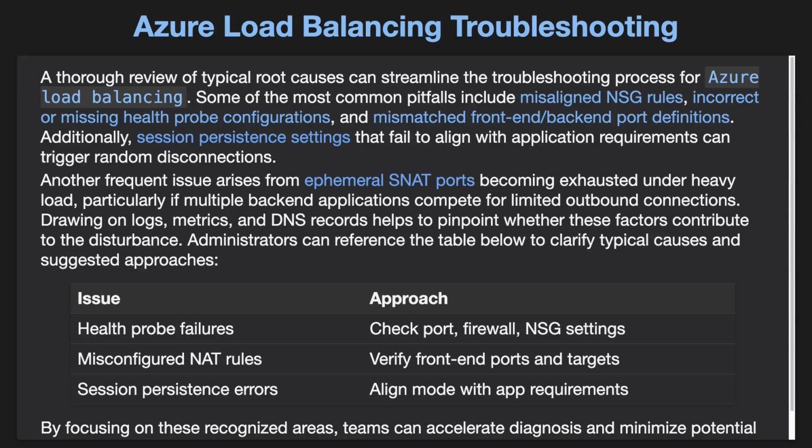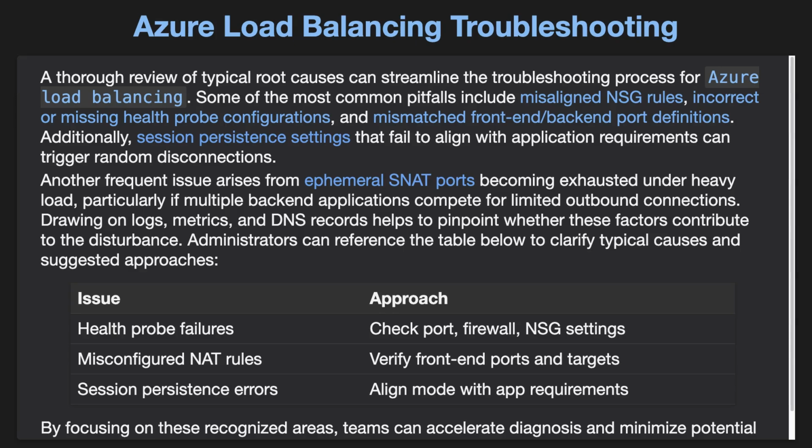Another frequent issue arises from ephemeral SNAT ports becoming exhausted under heavy load, particularly if multiple back-end applications compete for limited outbound connections. Drawing on logs, metrics, and DNS records helps to pinpoint whether these factors contribute to the disturbance.